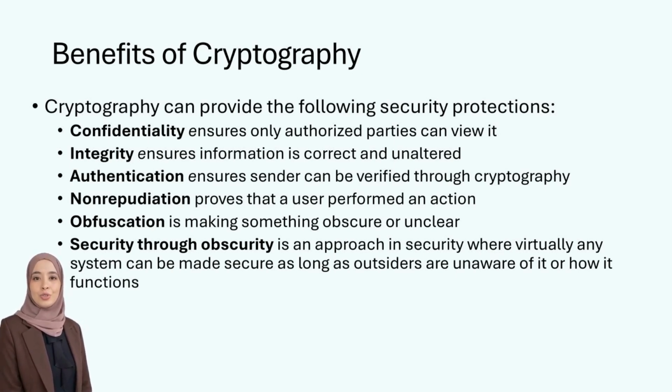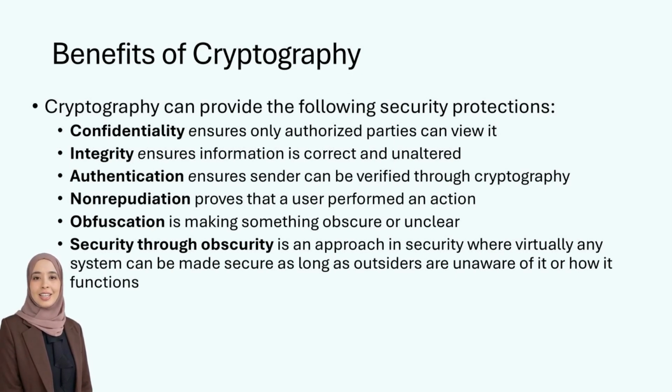We have also non-repudiation, which means that we can prove that the user actually did something, like sending the message itself. It also ensures obfuscation, which is a fancy word for making something unclear or hard to understand.